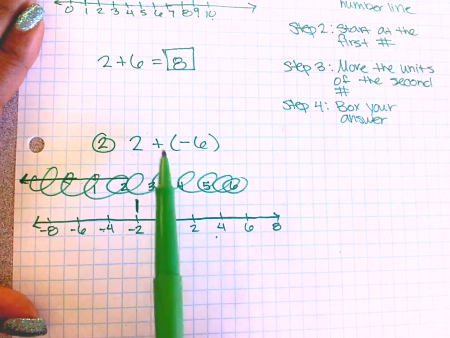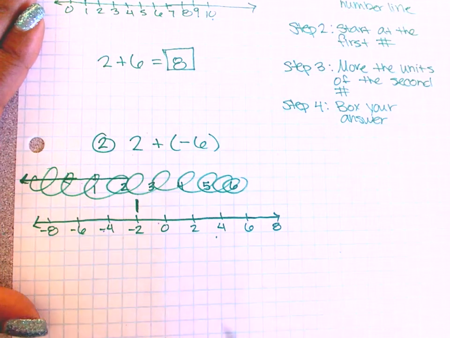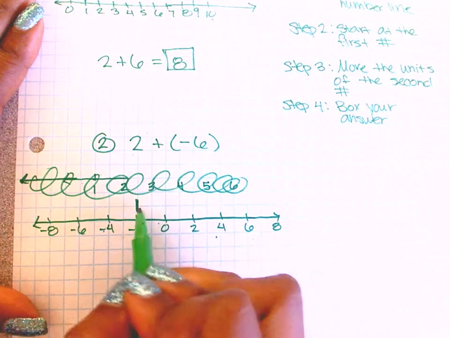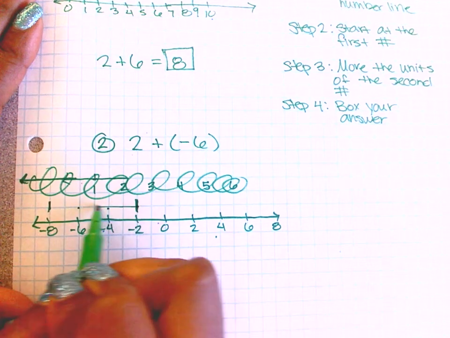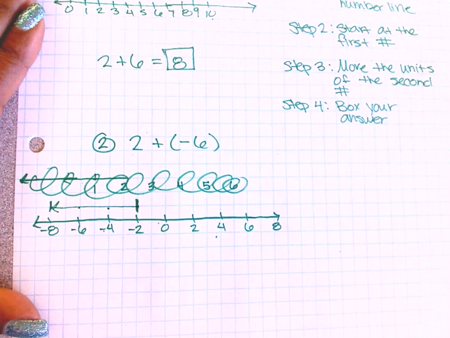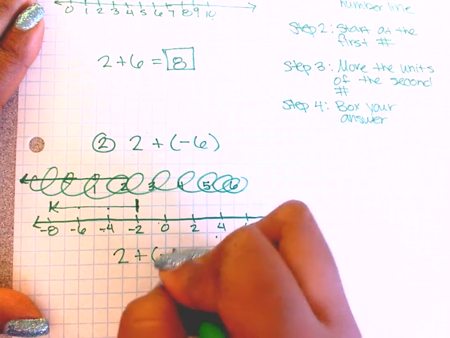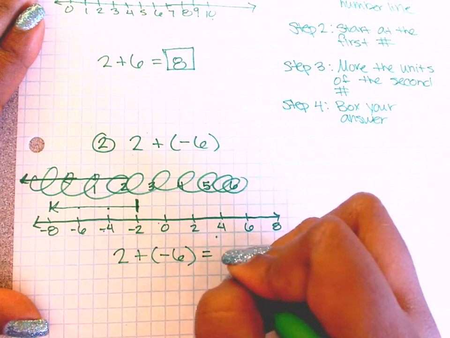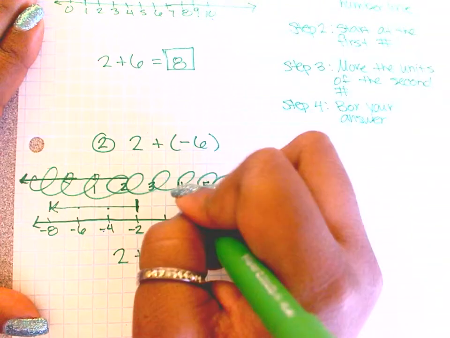Remember I said, oh, he really likes her, but does she like him? No, we're going negative, we're going left. We're going to go left 6 times. 2, 4, 6. So I know that 2 plus negative 6 equals negative 4.